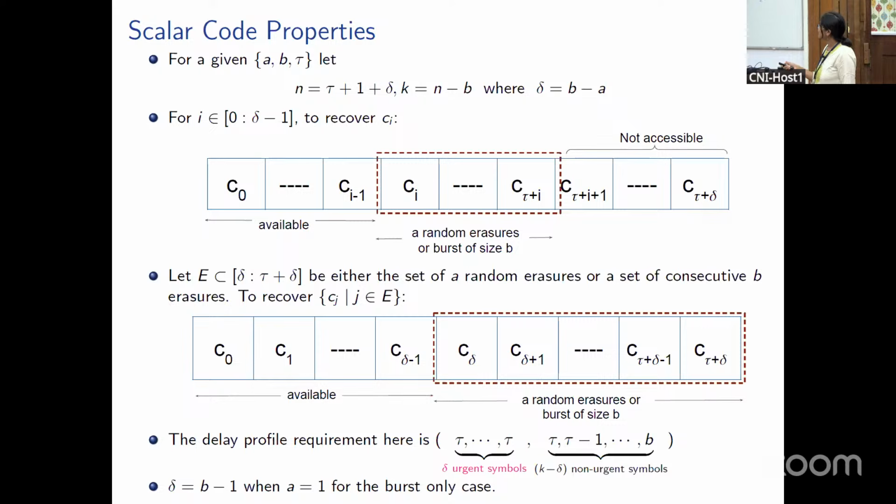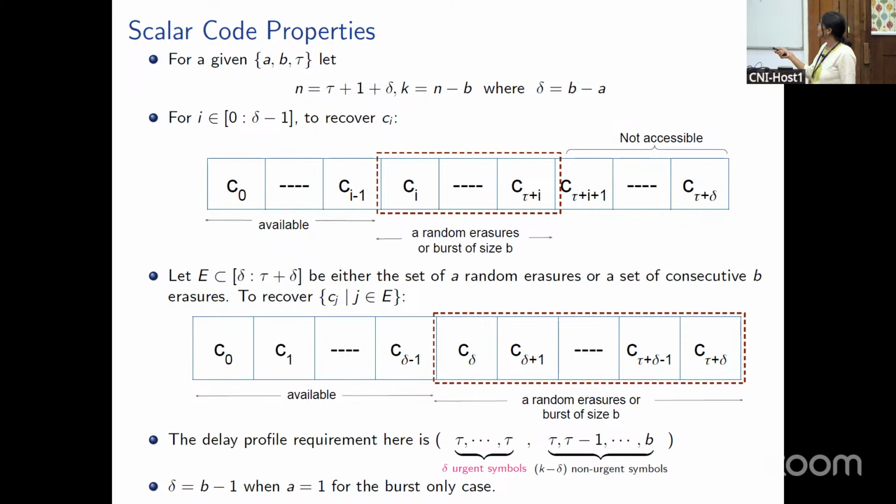Here is again just a description of the requirements that you need of the scalar code. So we are considering delta equal to b minus a and setting the parameters of the code. The dimension that we are setting is the numerator term that we have seen earlier, which is tau plus 1 minus a, and the denominator is just the block length, which is k plus b.